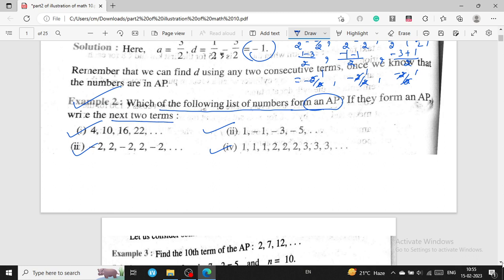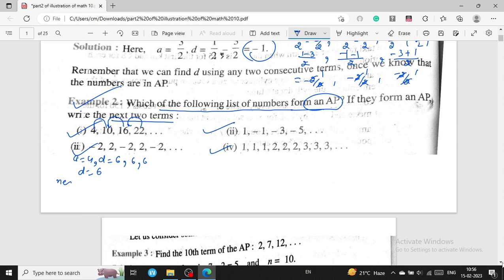In the first question, we have given A is equal to 4 and D is equal to 6. How? Second term minus first term is 6, third term minus second term is 6, fourth term minus third term is 6. So the common difference is equal to 6, and that's why it is an AP series.